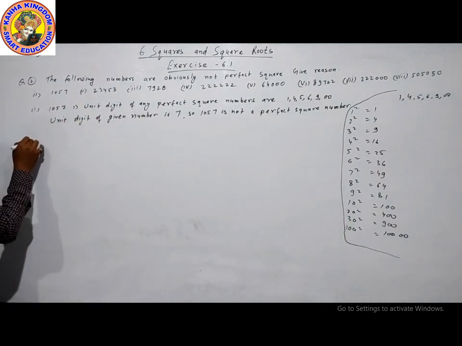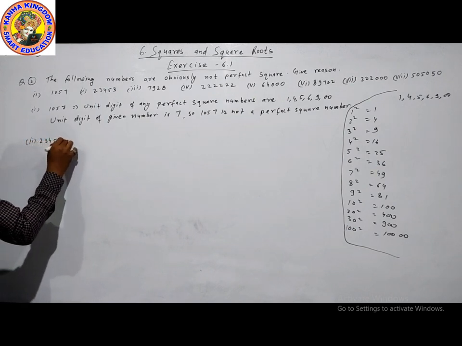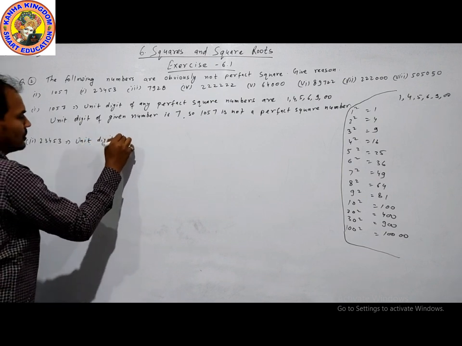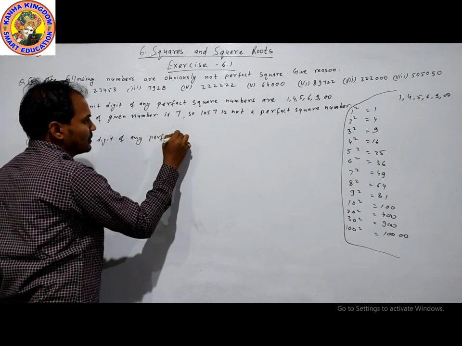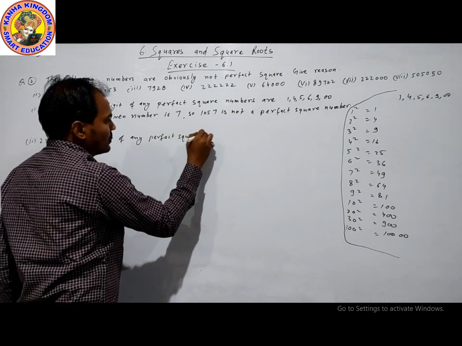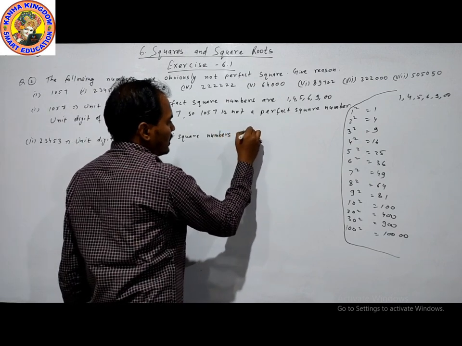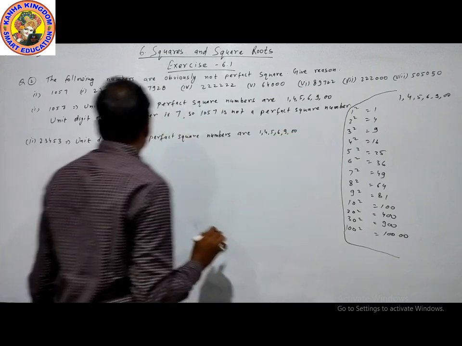Taking the next one, 23453. Unit digit of any perfect square numbers are 1, 4, 5, 6, 9 and 00.